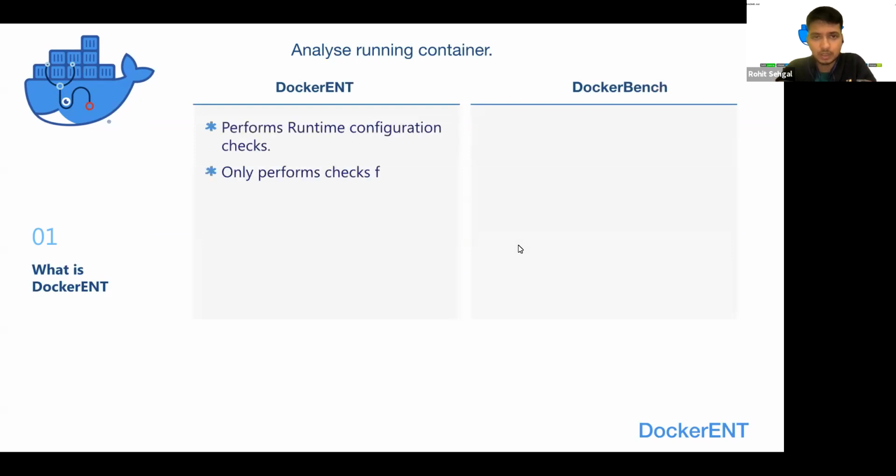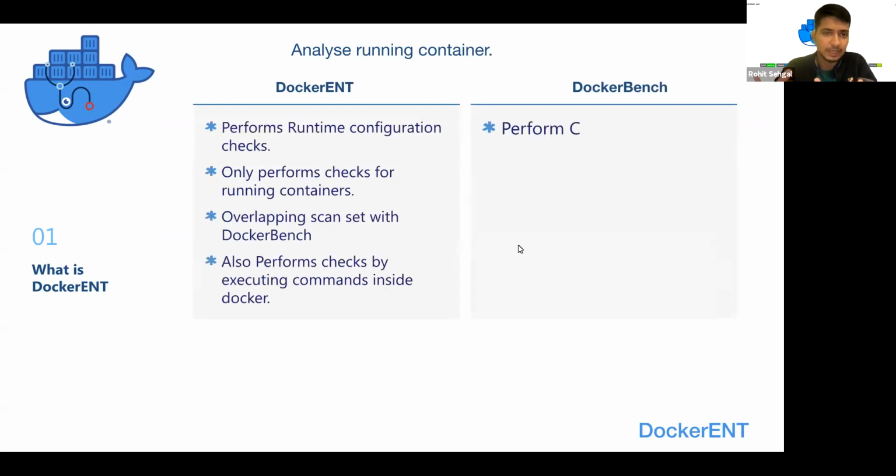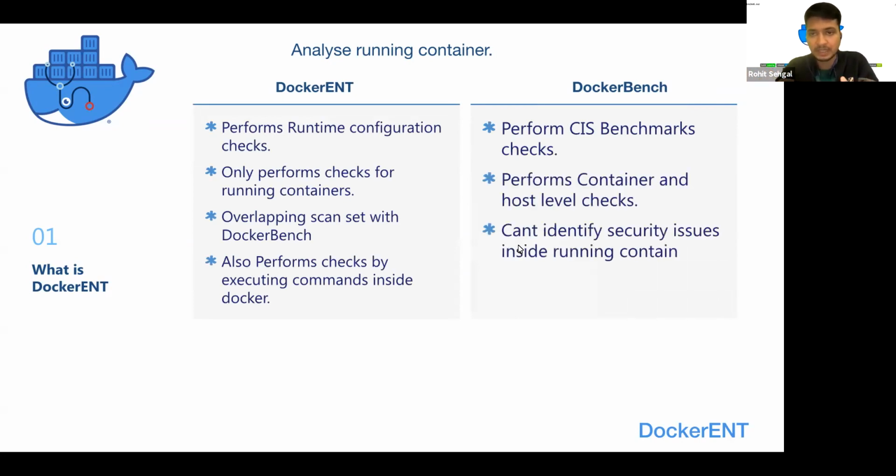DockerEnt is more of a runtime configuration check, whereas Docker Bench can perform the CIS level benchmark checks. CIS benchmark checks include host-based checks, container-based checks, host configuration-based checks, and container configuration-based checks. But DockerEnt basically focuses on the runtime configurations only. It can perform checks for the running containers, whereas Docker Bench can also perform checks for the container environments, which is not there in the case of Ent.